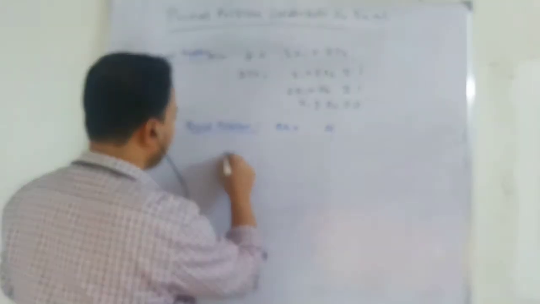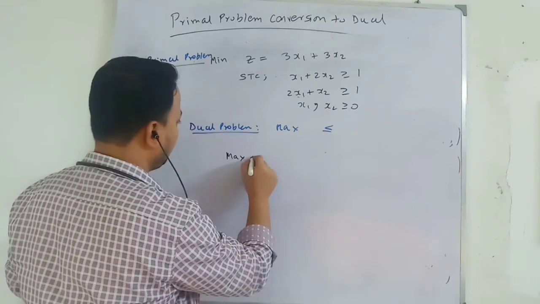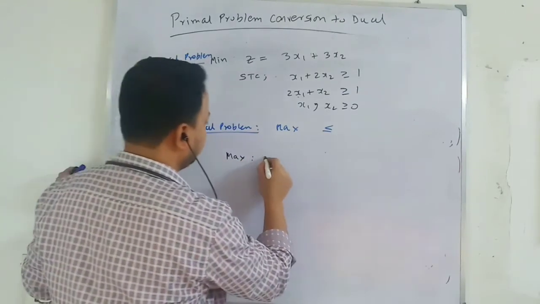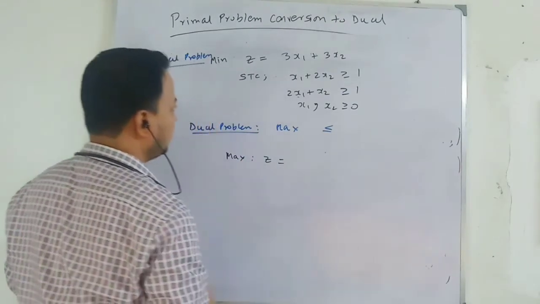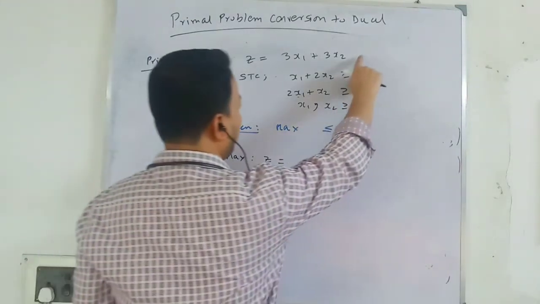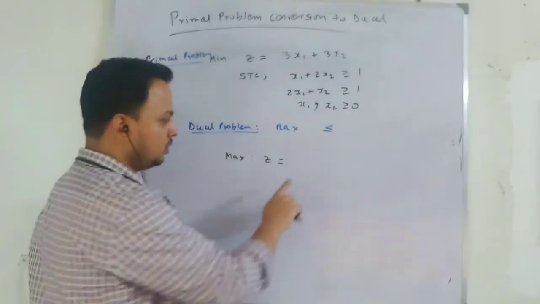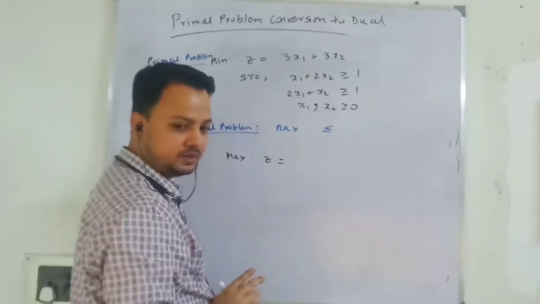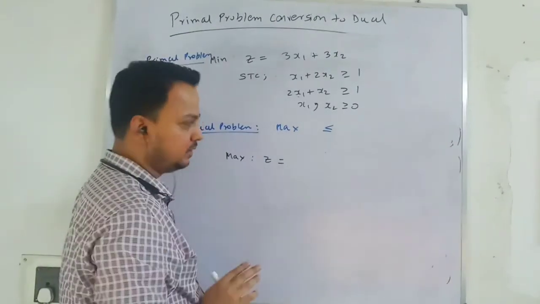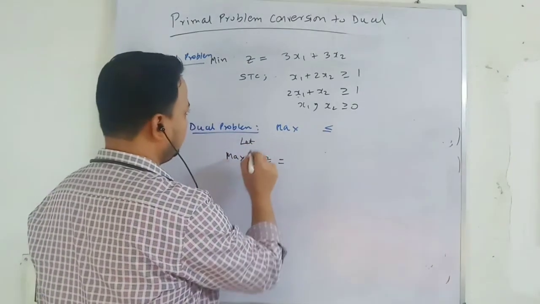So I have to write maximization. I am setting up the dual problem. This is my objective function. Whatever you have here will become the cost coefficient in the dual problem. Number of variables in the primal problem: 2 variables, right?